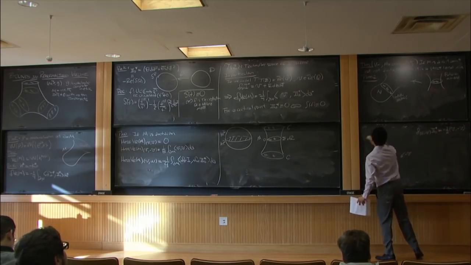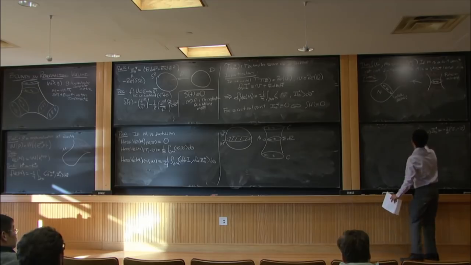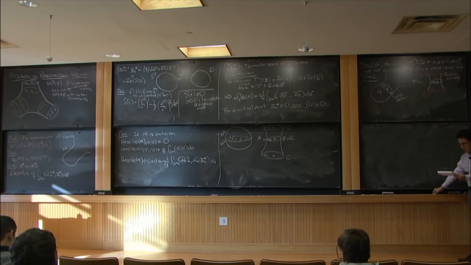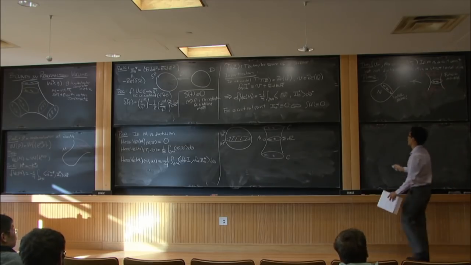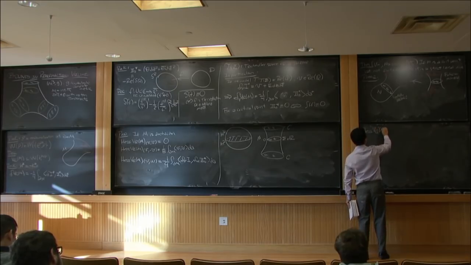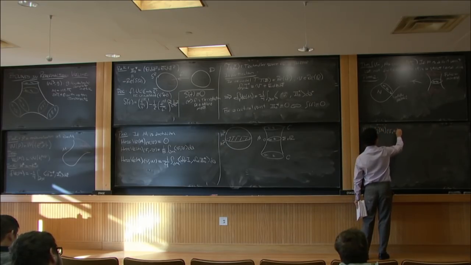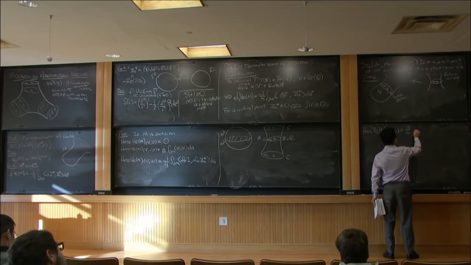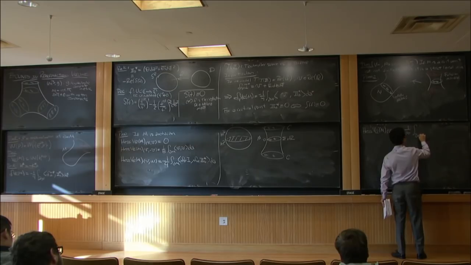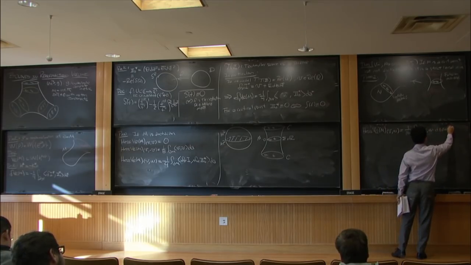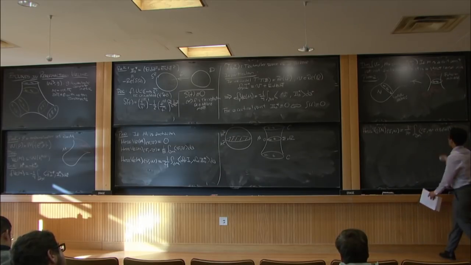So now, once you try to take a second variation of renormalized volume here, you could use that you already know how to do that for the quasi-Fuchsian case. In this particular case, it's going to happen as follows. If we take the Hessian of renormalized volume in directions v and w, this is going to become equal to the following expression.